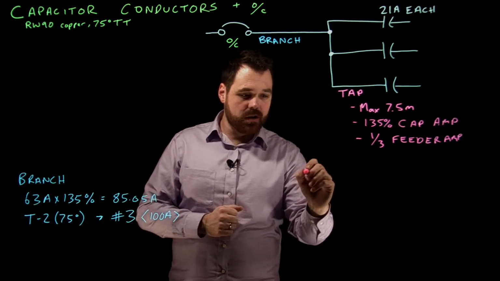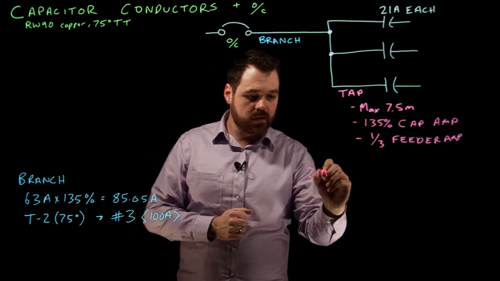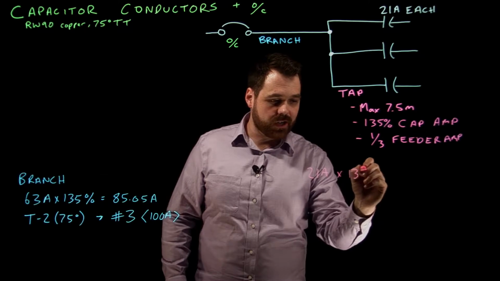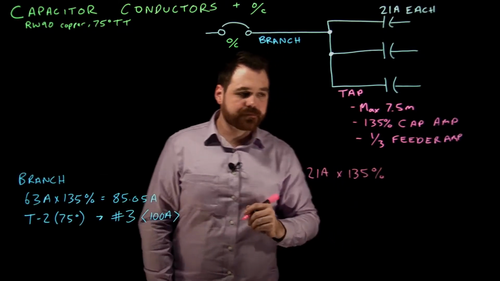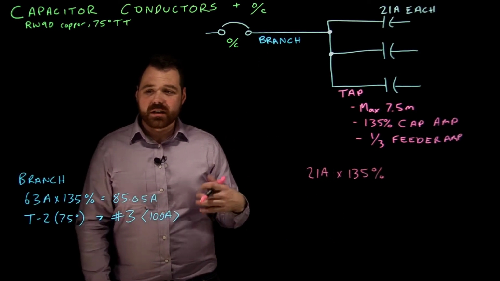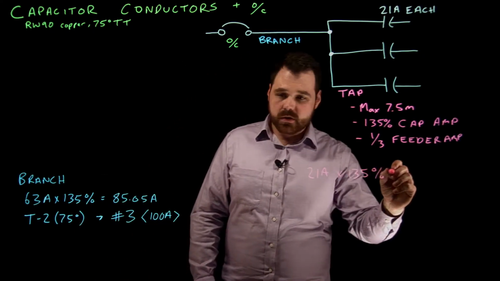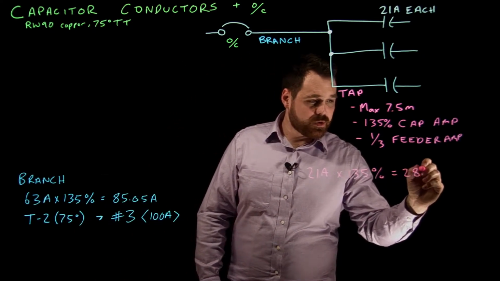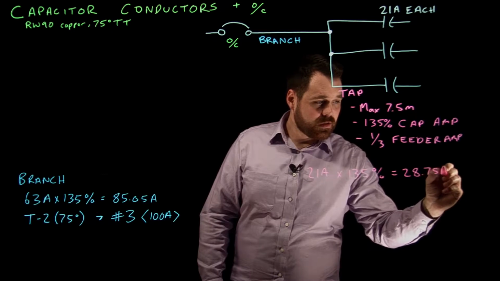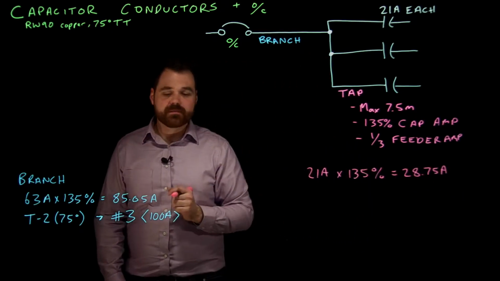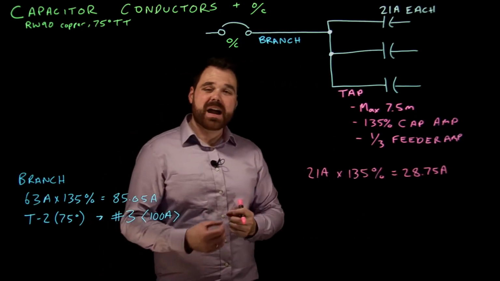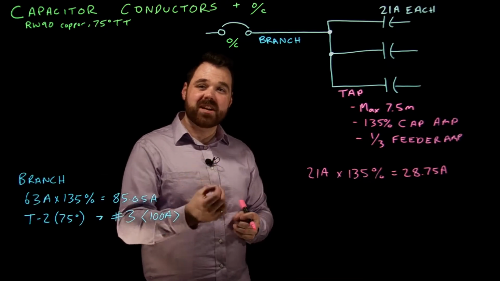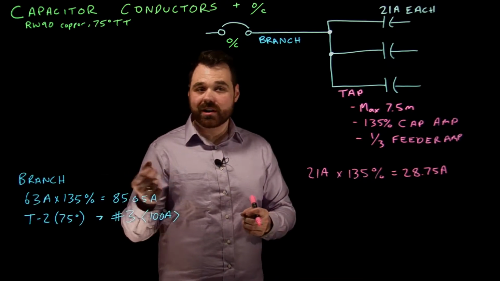We'll take our 21 amps times 135%. That's going to give us 28.35 amps. Now, it also says we have to be at least 1/3 the feeder conductor or the branch circuit conductors.